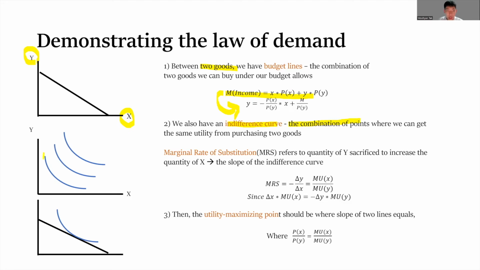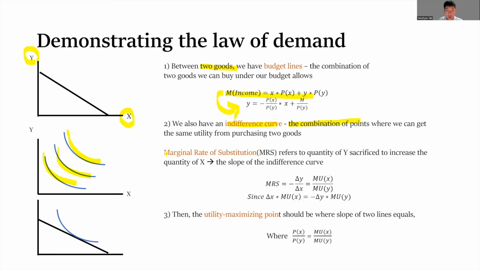It means the lowest curve provides us 10 utilities, the upper one provides us 20 utilities, and the highest curve gives us 30 utilities. Like this, it is the set of points where we can get the same utility by purchasing these two goods.